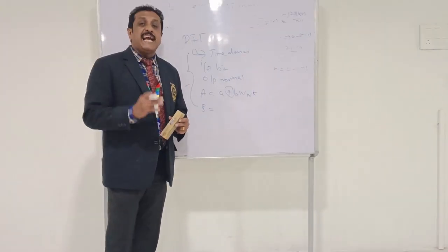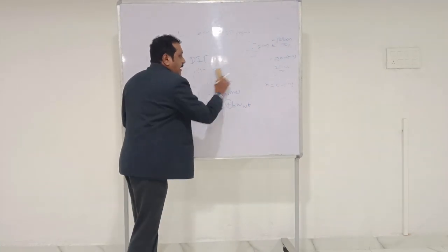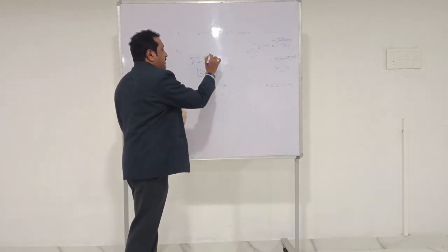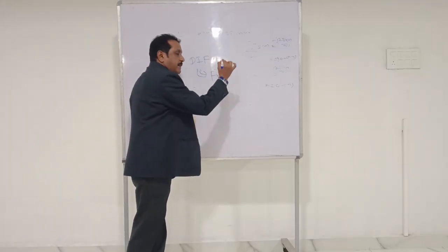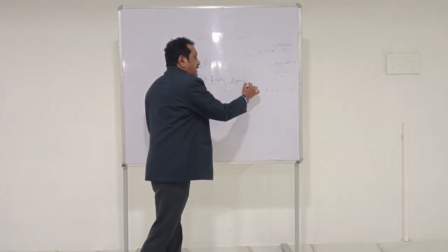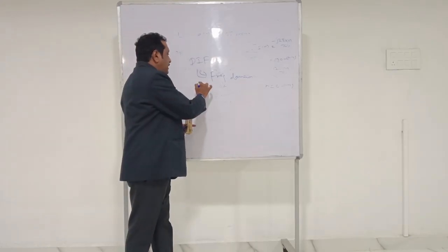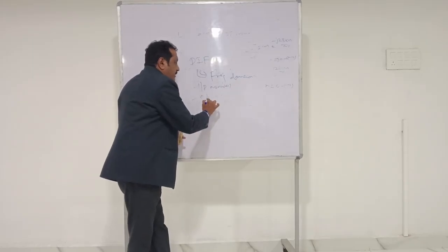Then we go for DIF, decimation in frequency. From the name itself, again we can define the first point here in DIF: the frequency domain is decimated instead of the time domain. Here we are taking the frequency domain and that is decimated. That's the first point. And the second one, here the input is in normal order and the output is in bit reverse order.